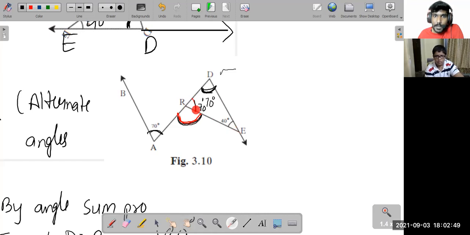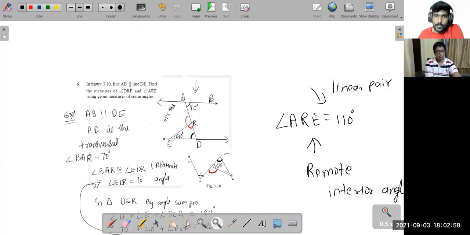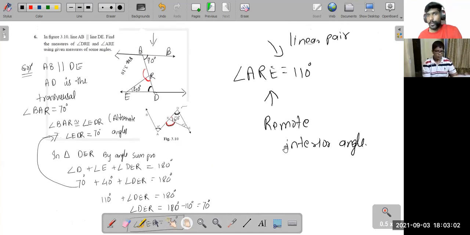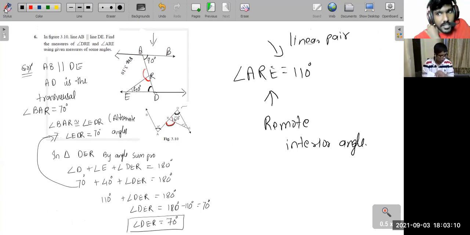We found that. You used linear pair and found it out, and that is also correct. I'm not saying it is wrong. So the second part you write. First part I have written. You want to use linear pair, use linear pair. You want to use remote interior angle theorem, use that. Complete it.